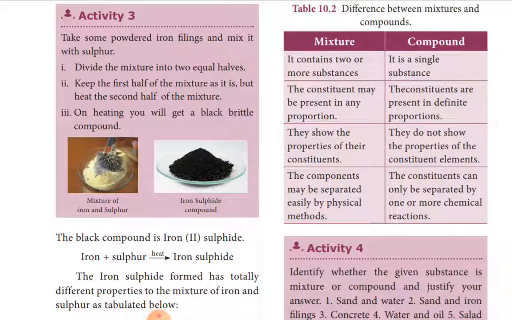We can separate iron powder from the mixture of iron and sulfur because these two are physically mixed, not chemically combined. But the second portion, the combination of iron powder and sulfur powder, when you heat it in a test tube, what will happen?